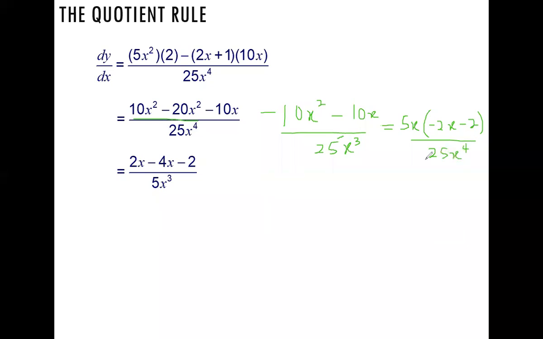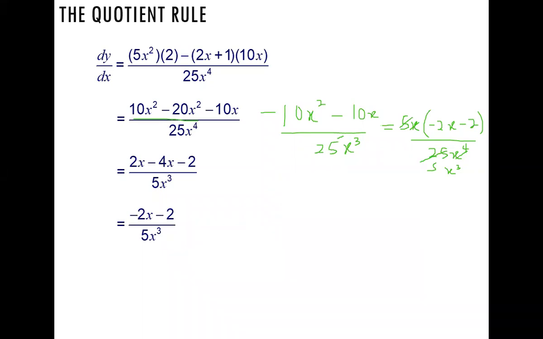The 5 goes into 25 five times and cancels, and x cancels one x, leaving x raised to the power 3. So that will give us a very simple answer: minus 2x minus 2 over 5x cubed for the very final answer to this problem.